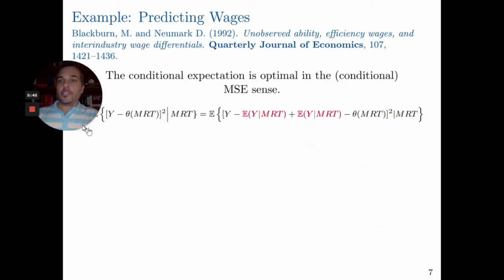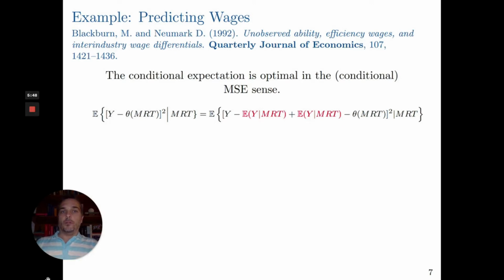So the conditional expectation is optimal in the conditional mean squared error sense. So what we have here is our loss function, so it's the square loss. We are going to take the expected value, and because we observe MRT, this expectation should be conditional on MRT. Okay?